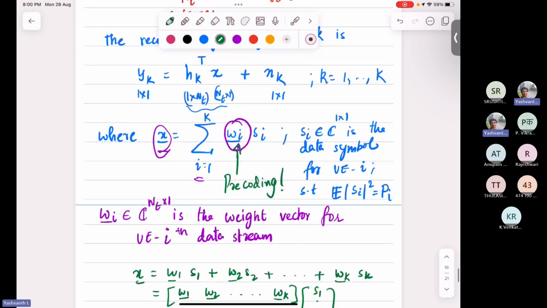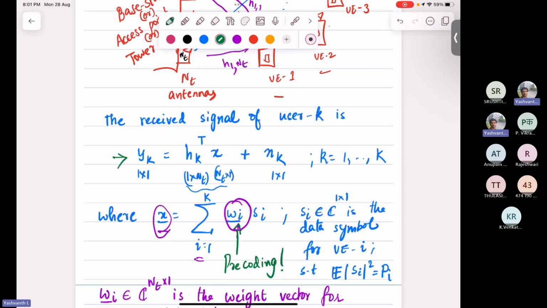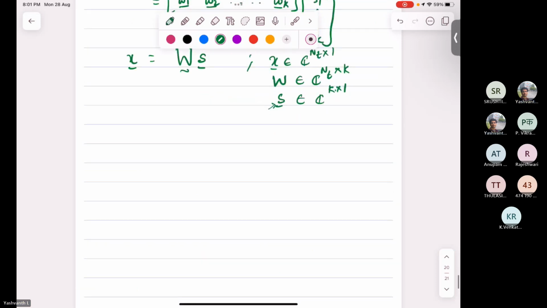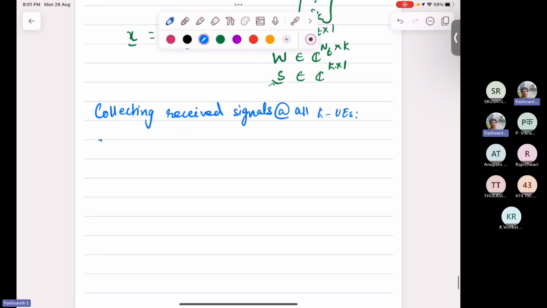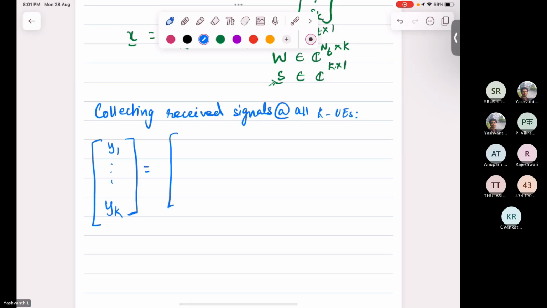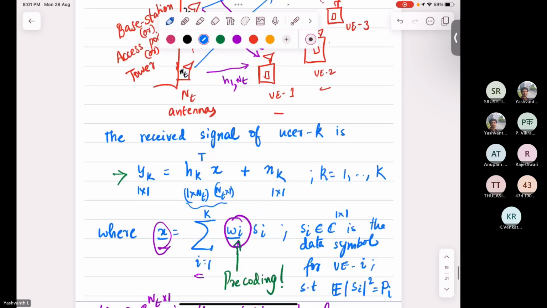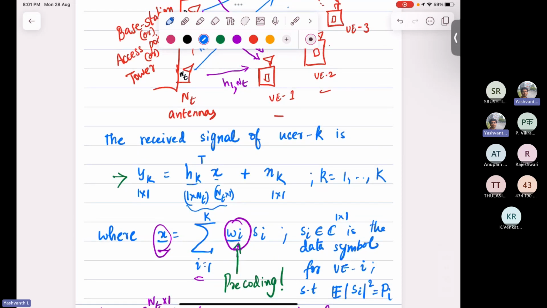Now let me collect all the received signals of all K users. Y1 and so on till Y capital K equal to H1 transpose, and so on, HK transpose times X. X does not have any K dependence.